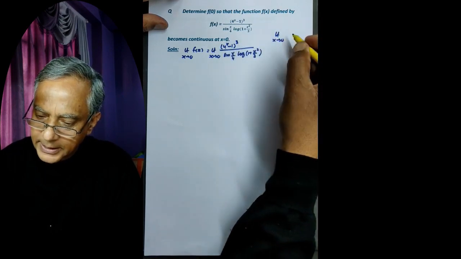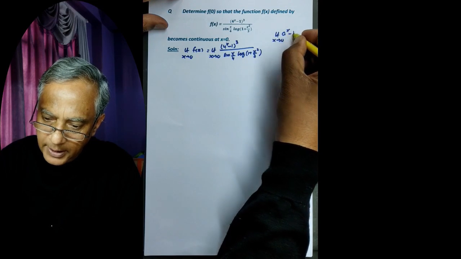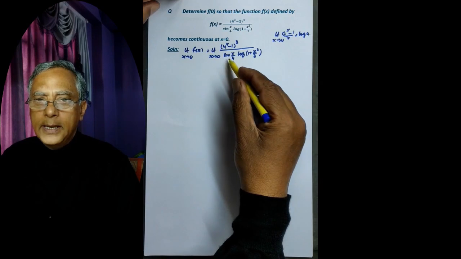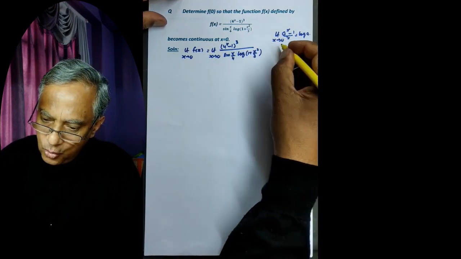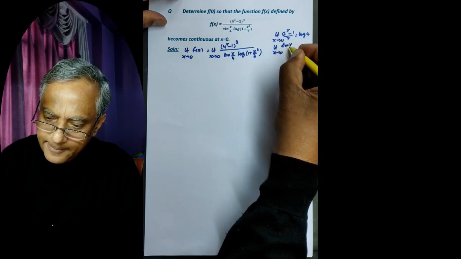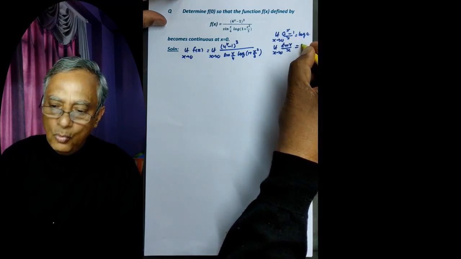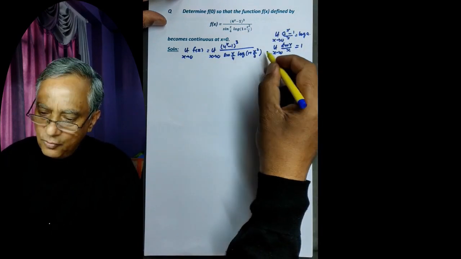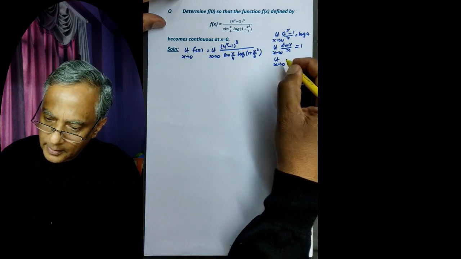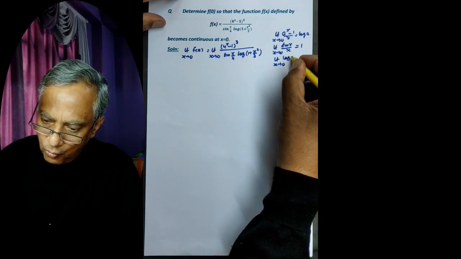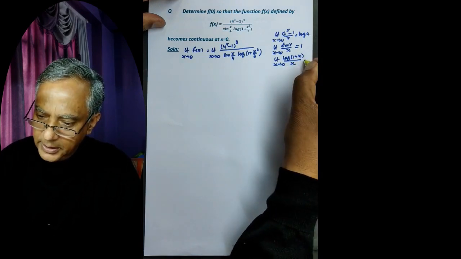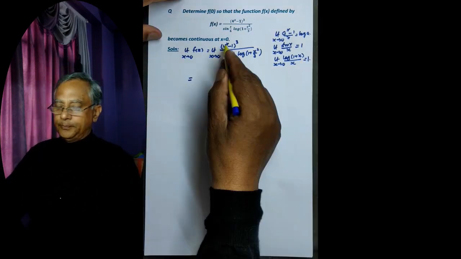For this we will have to change this into limit x approaches 0 of (a to the power x minus 1) by x is log a. This is known beforehand. For this we will use the formula limit x approaches 0 sine x by x is 1. And for this we will be using the formula limit x approaches 0 log of 1 plus x whole divided by x must be equal to 1.